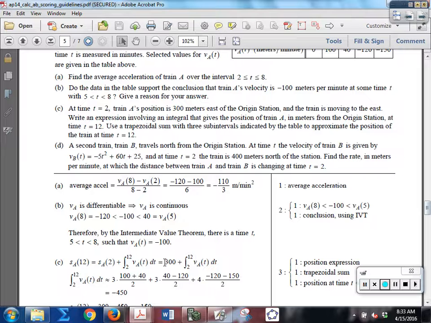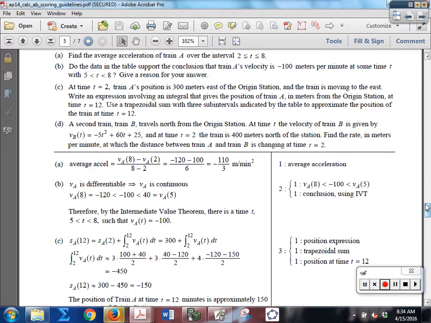So it's 300 plus the integral from 2 to 12 of the velocity. Does that make sense? You just do your starting position plus your change in position. That would be 1 point for doing this part right here.